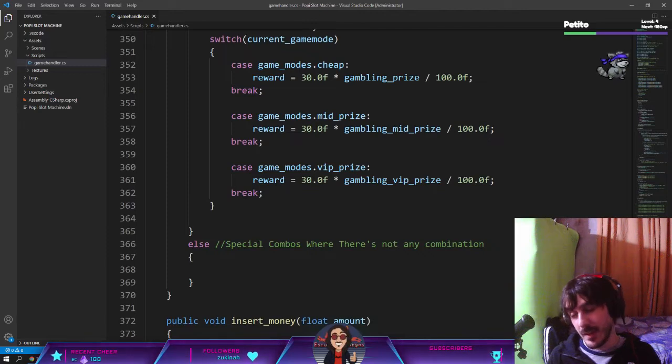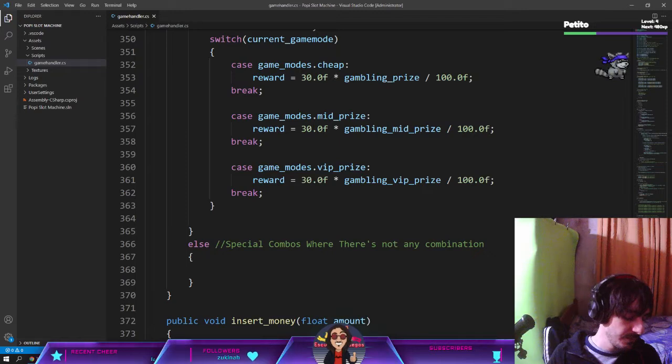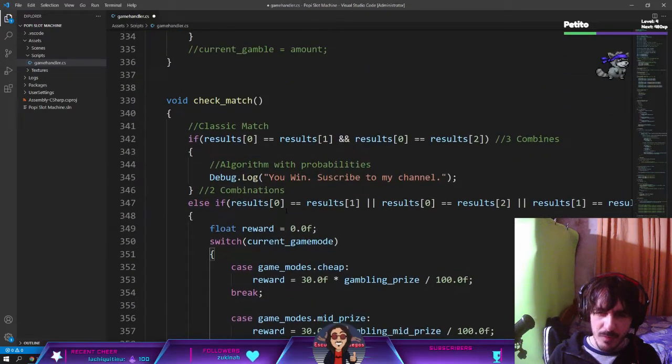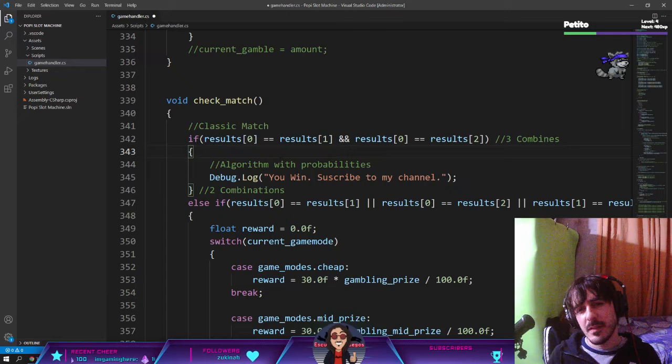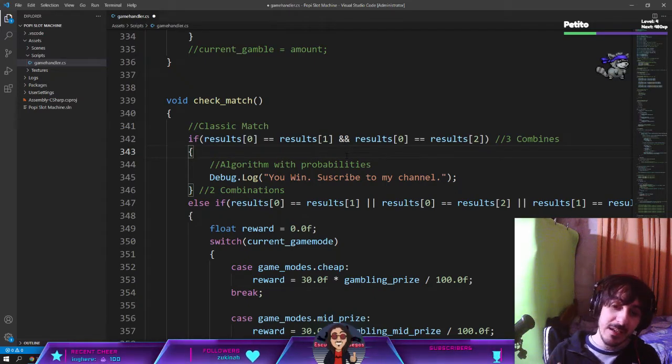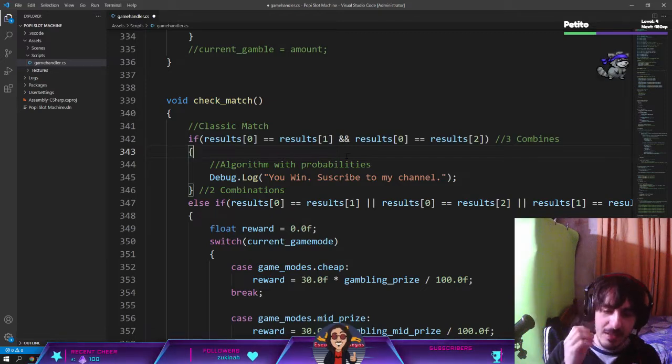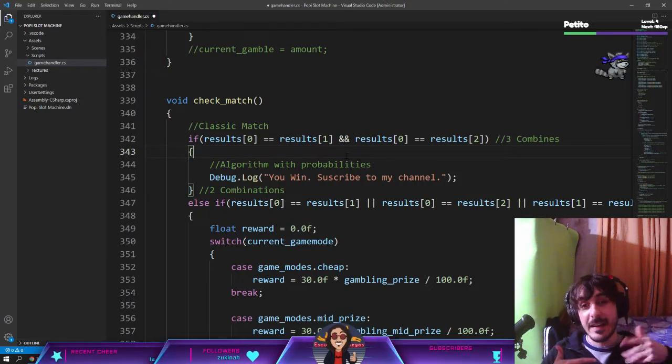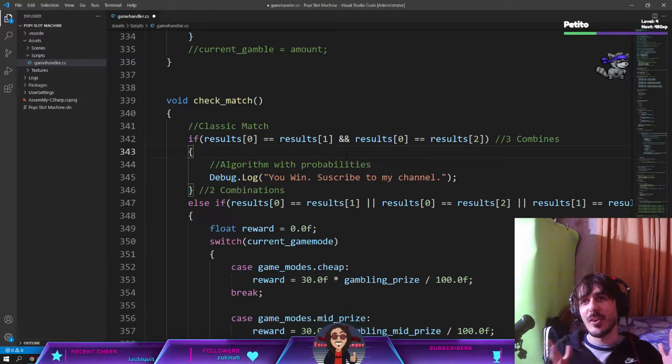on the next session, well, I have to do some live streams in Spanish, but when we continue with this, we'll continue with the special algorithms here. In the case of three combinations, to check how much money the machine is winning, I need to create a variable to collect the money and count, because it's not just collecting the player's money.